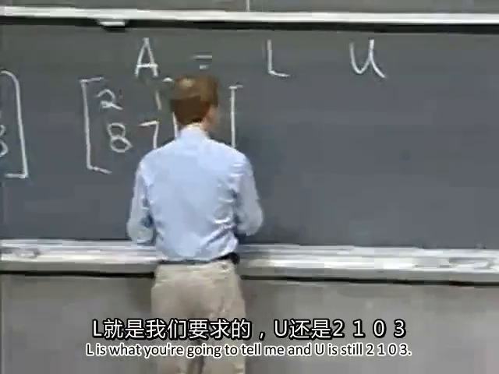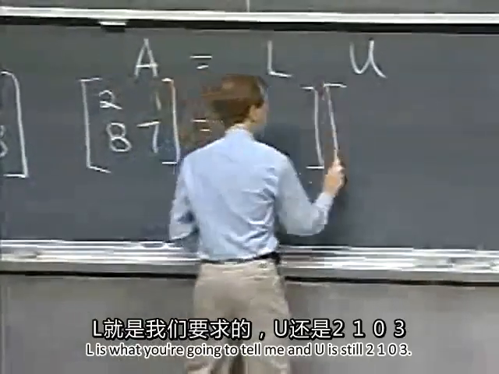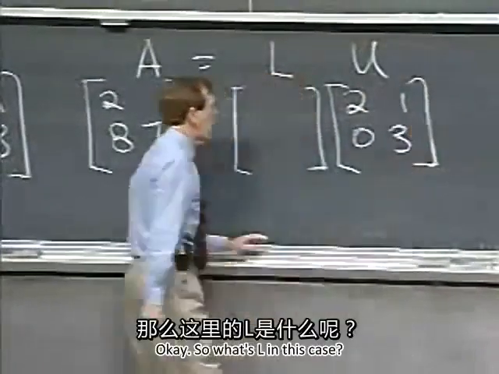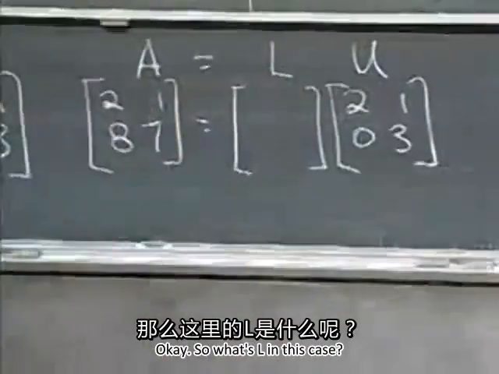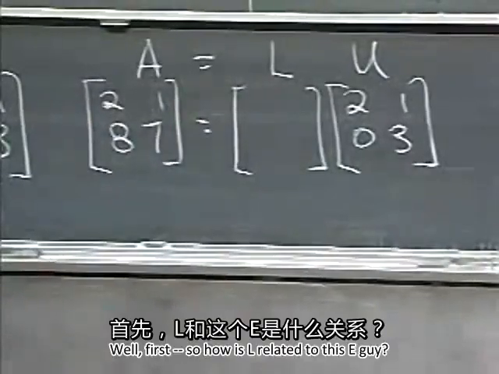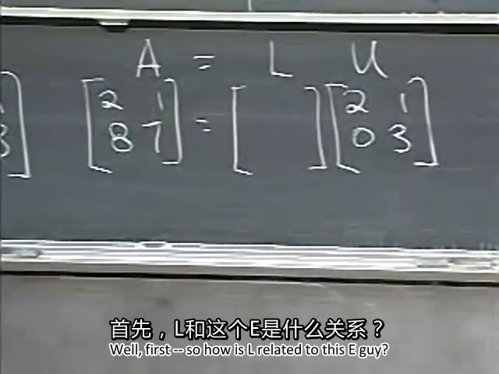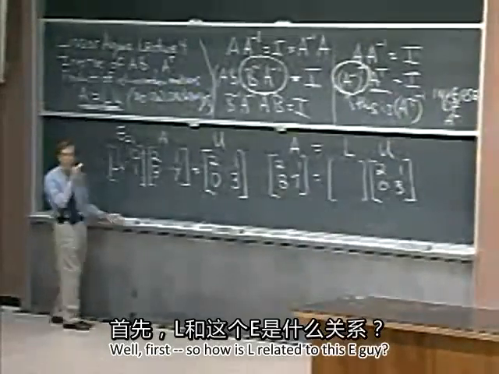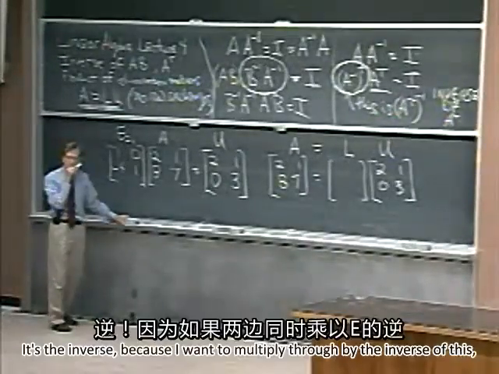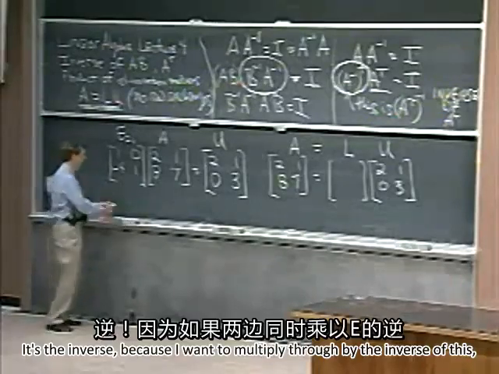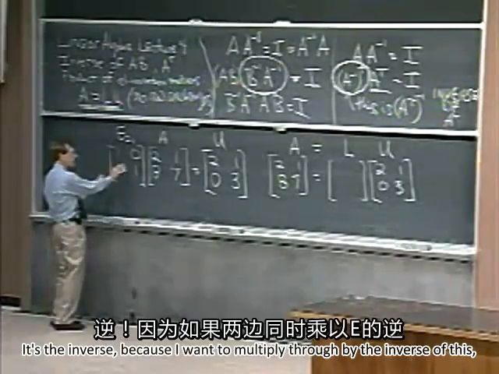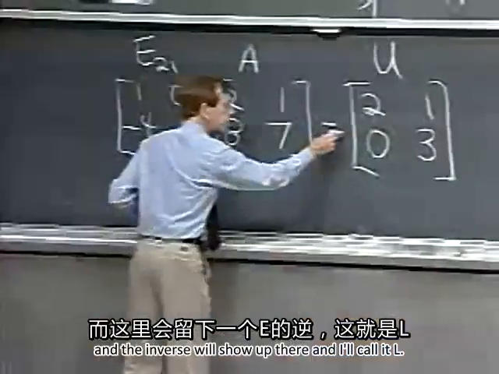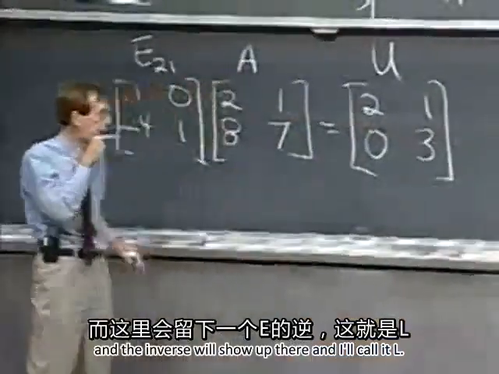L is what you're going to tell me, and U is still 2, 8, 0, 3. So what's L in this case? How is L related to this E? It's the inverse, because I want to multiply through by the inverse of this, which will put the identity here, and the inverse will show up there, and I'll call it L.